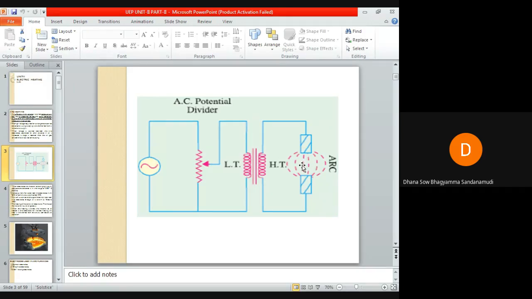Whenever I am heating any substance using the arc struck between two electrodes when high voltage is given, we call it electric arc heating. Why waste the enormous heat energy produced by this arc? That heat energy is utilized to heat some substance.